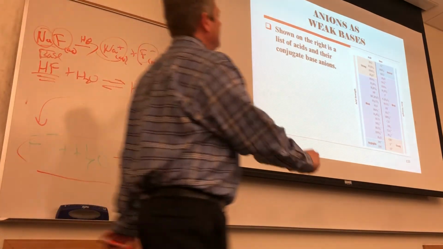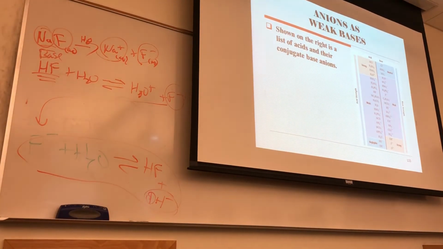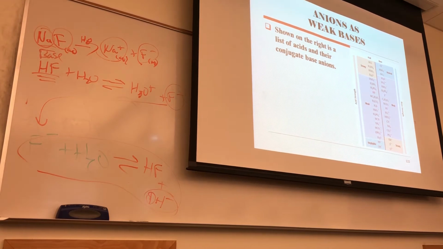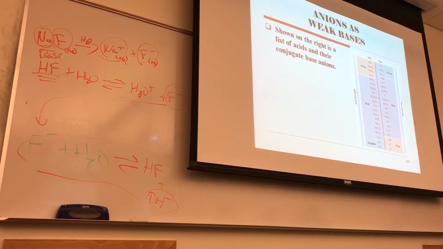So then if I look at a chart like this here, I have the acid and the conjugate base along this side here, and here's the acid. So I look at a strong acid, that's going to create a neutral solution, the conjugate base of that. Okay. But I get over here and I start moving down through here. I have all weak acids. This one's kind of in between.